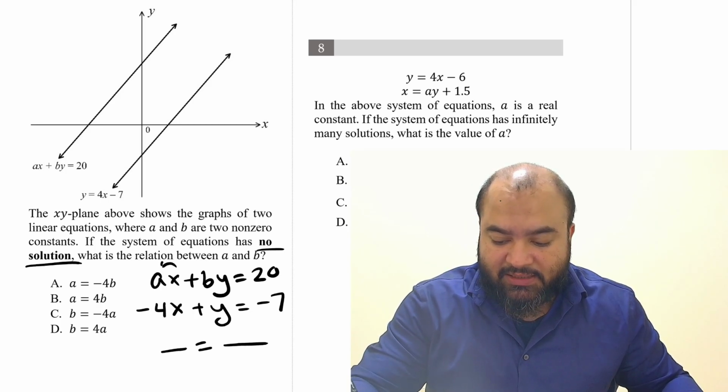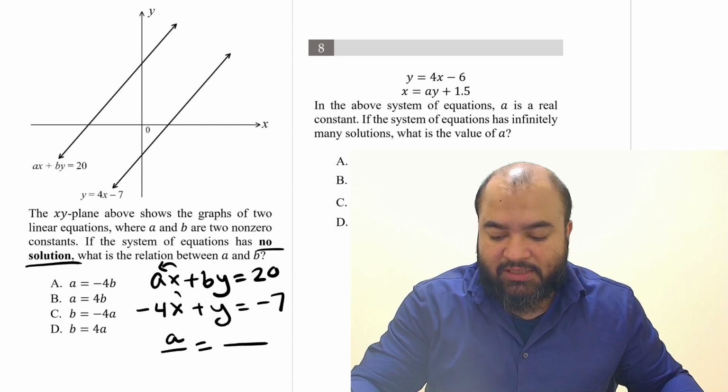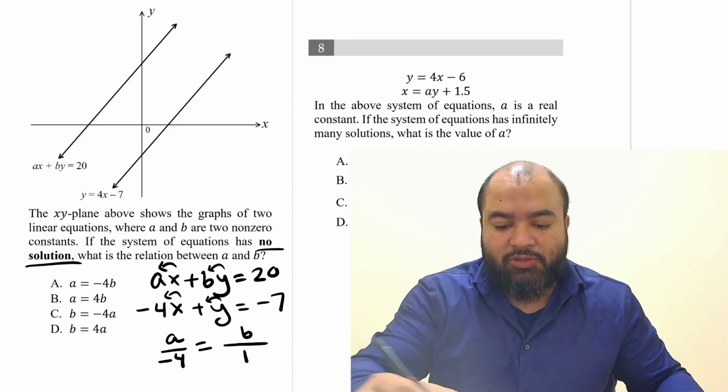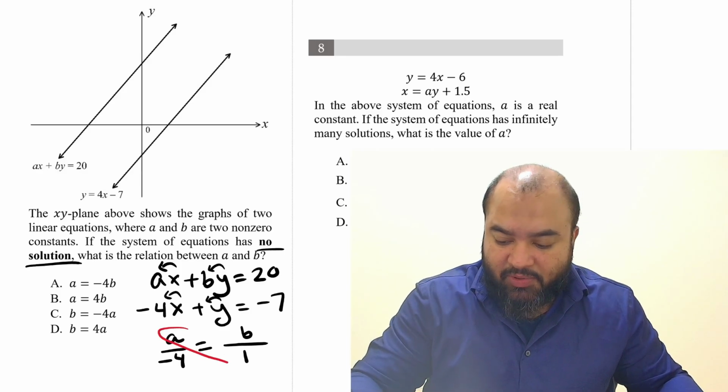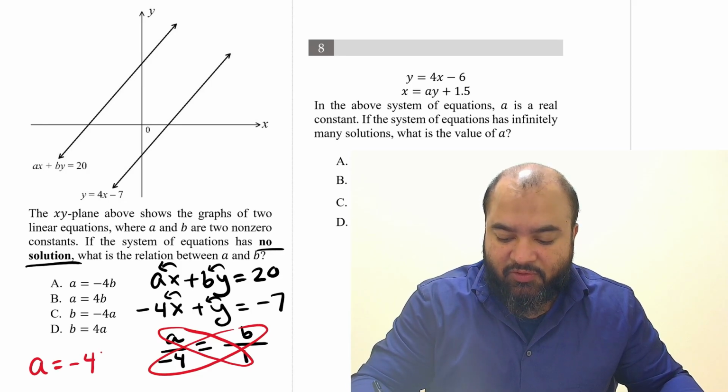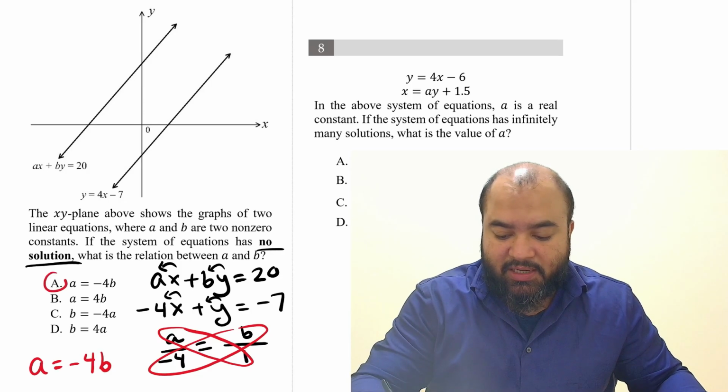What is next to x here? A. What is next to x here? -4. What is next to y here? B. What is next to y here? 1. Remember this proportion? Now we can cross multiply. So a times 1, a is equal to what? -b times 4, -4b. So the answer is A.